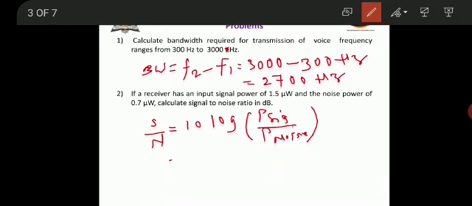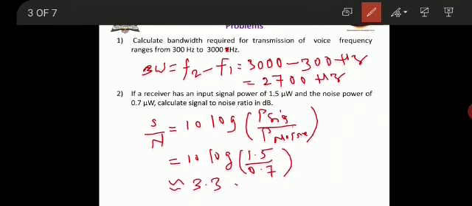Here these two values are provided: the signal power is 1.5 and the noise power is 0.7 microwatt. So 10 log of 1.5 divided by 0.7 microwatt. After solving this, it will be 3.3 dB. This is just substitution and solving. The answer is 3.3 dB.